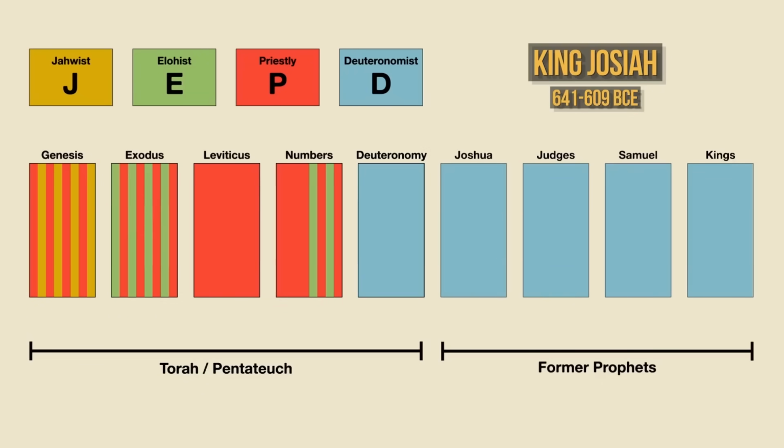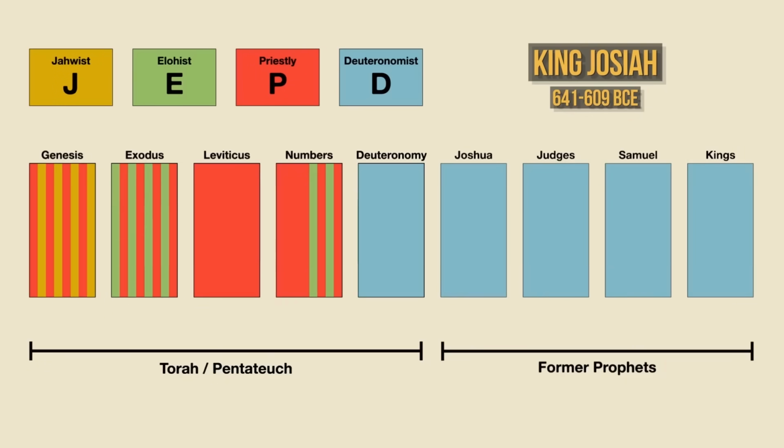So it's likely that the bulk of Joshua, Judges, Samuel, and Kings were all written during this period as well, which is why the story they tell seems to build towards and culminate in the reign of King Josiah, a boy king who was supposedly reintroduced to a lost law code.